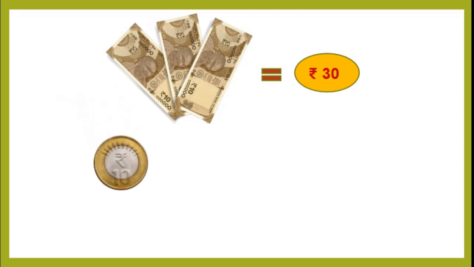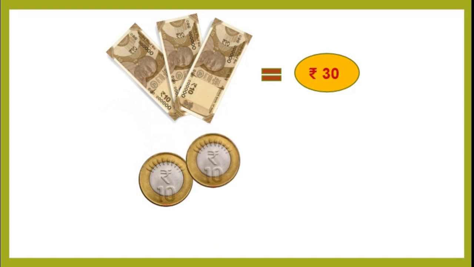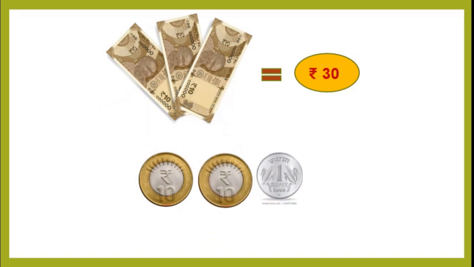Here we can see 3 notes of 10 rupees each. What is the total amount of these 3 notes? Yes, 10 plus 10 plus 10, that is equal to rupees 30, isn't it? If I am having 3 10 rupees notes, means I am having 30 rupees. Here we can see the coins of different values.